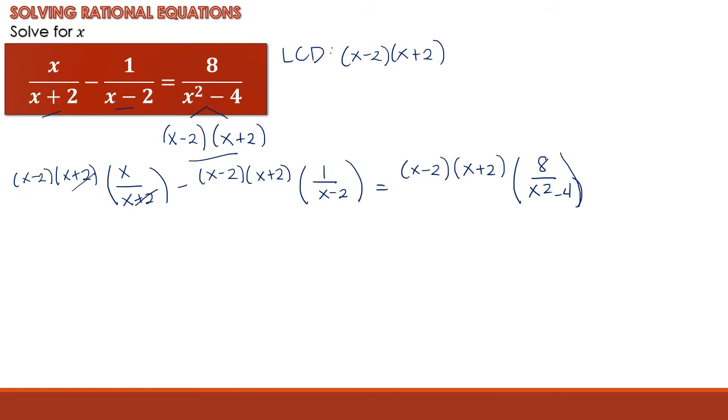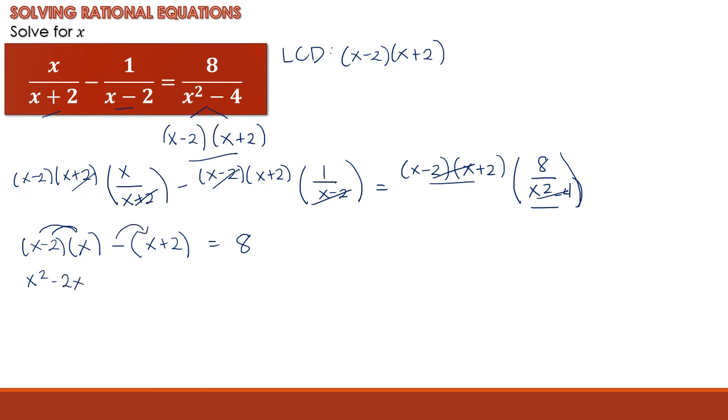Cancel. So, we are left with x minus 2 times x plus 2 equals. Since ito ay same lang nito, so we can cancel everything, divide out everything, and we are left with 8. Simplifying further, distribute natin x times x and x times negative 2. So, we have x squared minus 2x.